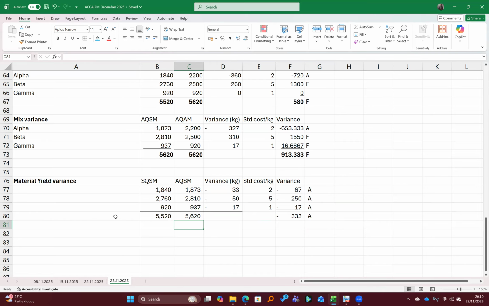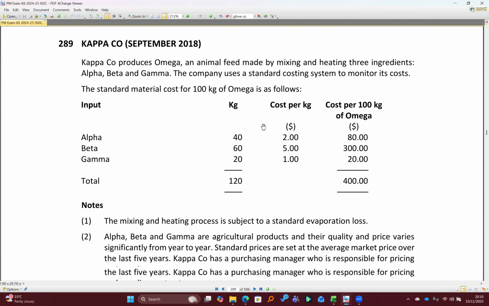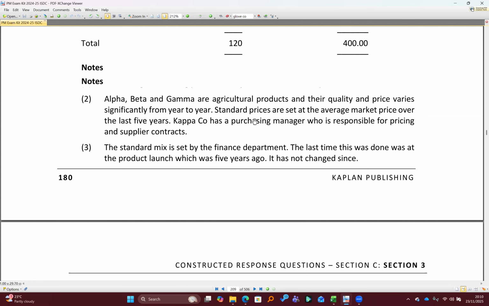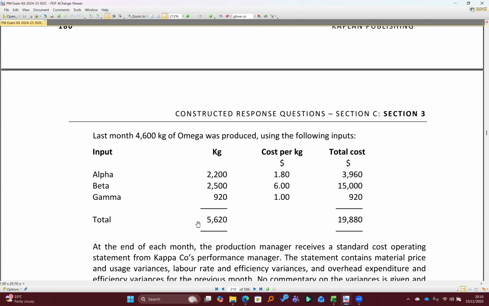The other thing that you can think of is that if you use the 5620 kilos, what were you supposed to have produced and what did you produce? So this 4600 is less than what you would have produced if there was no normal loss. So that is what we are saying here, if the loss was not there.